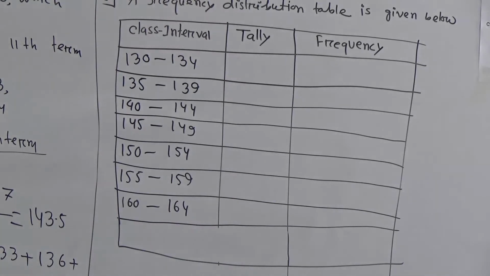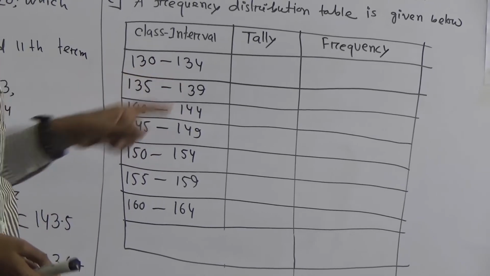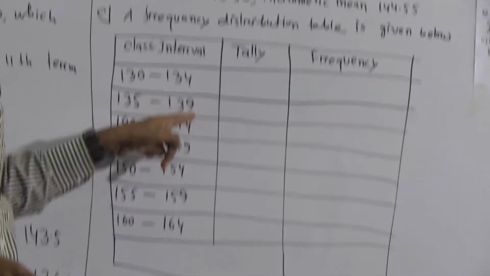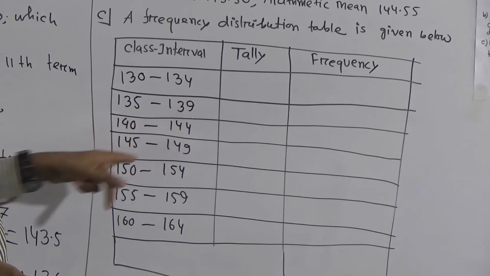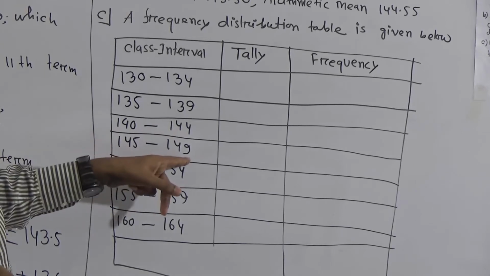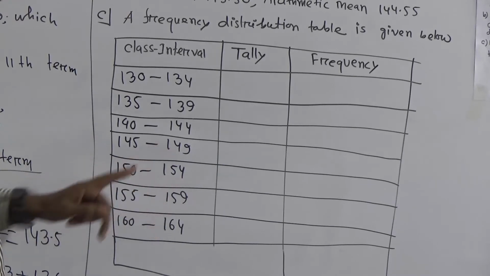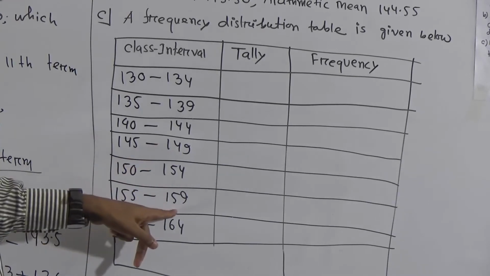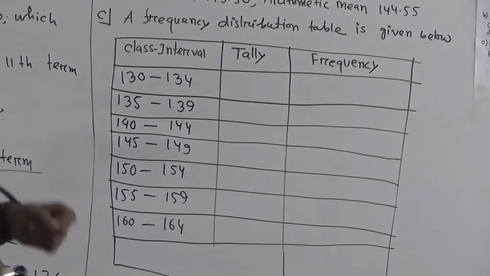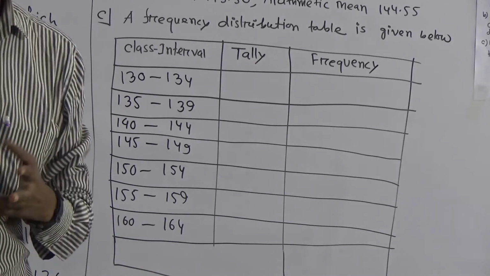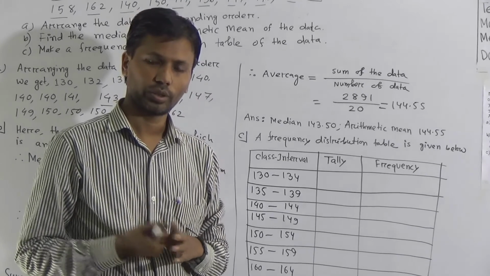Okay, dear student, look, 130 to 134, you see the class interval 5. Similarly, 135 to 139, class interval 5. 140 to 144, 5. 145 to 149. 150 to 154, 5. 155 to 159, 5. 160 to 164, 5. Dear student, you can take the class interval 5, 6, 10, 15, or 20.